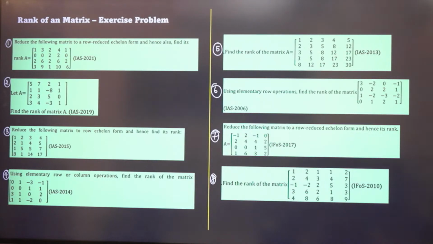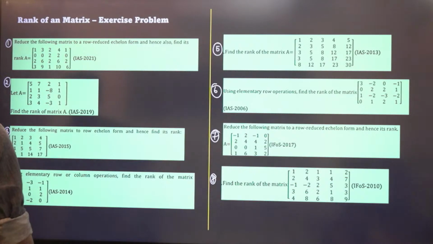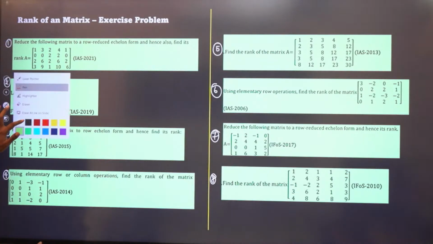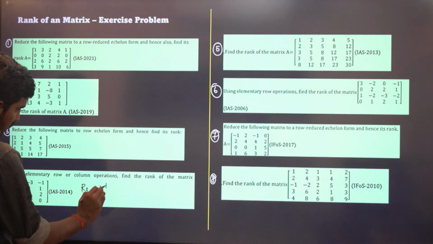I will do one problem. See, already you can do any problem. I will take the third problem and I will do it. See, for this problem, you can interchange R3 and R1.